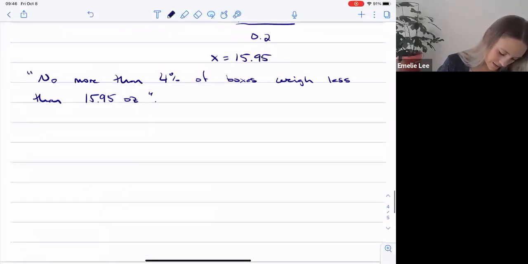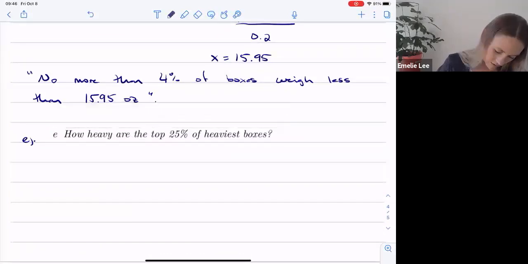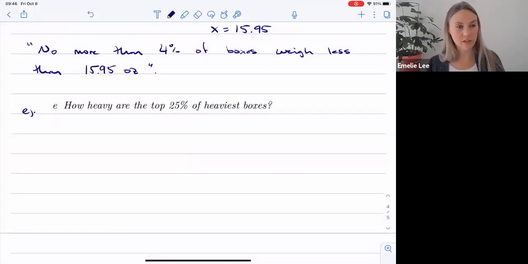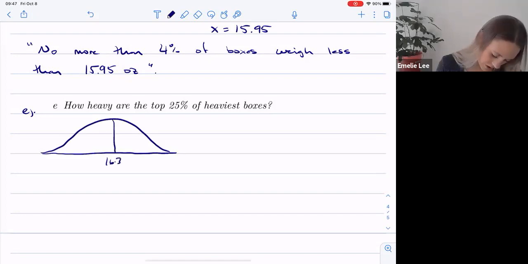It's another case where we need to work backwards. How heavy are the top 25% of the heaviest boxes? And because we're talking about weights, here's our distribution again, sigma is 0.2.